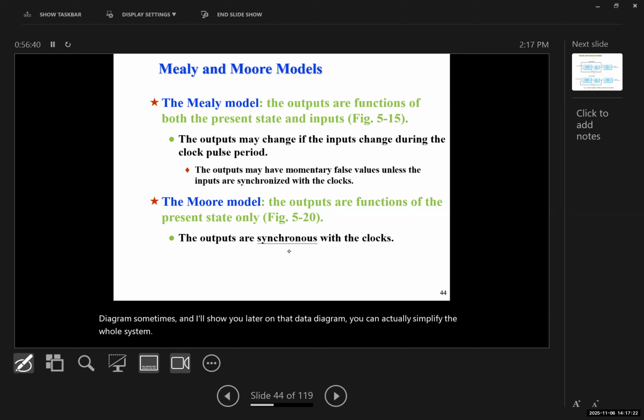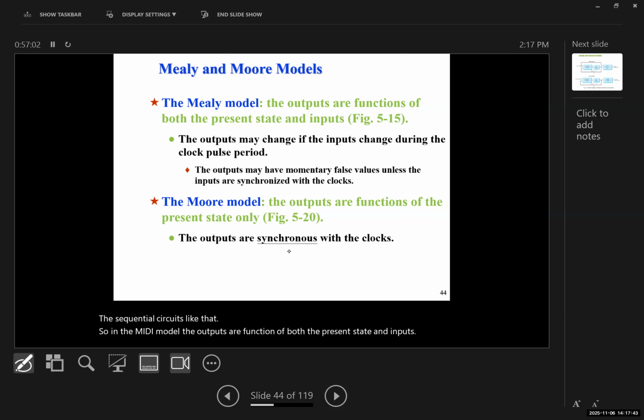So the Mealy and Moore models are the models that we can use to represent these sequential circuits. In the Mealy model, the outputs are a function of both the present state and inputs.